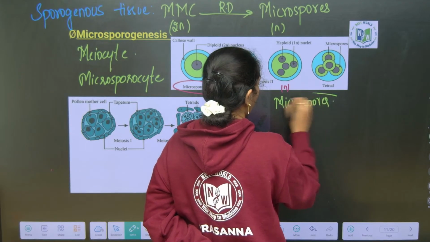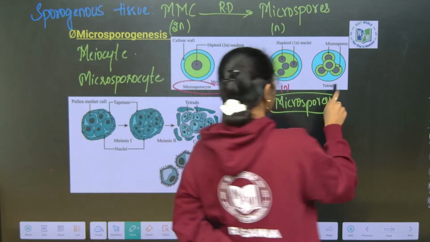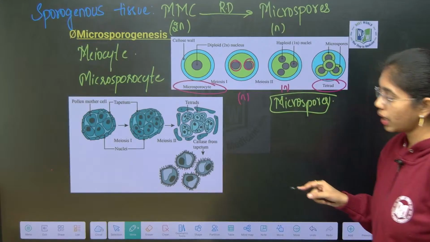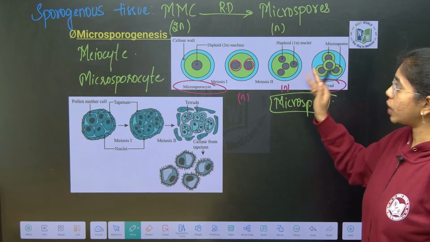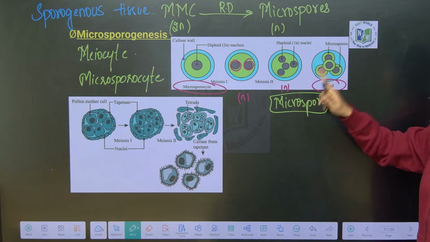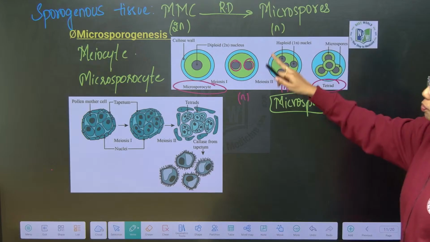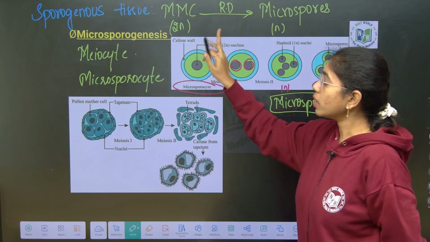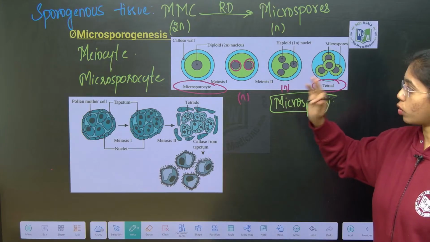These microspores will be in what condition? Tetrad condition. Fine, right? So, here in microsporogenesis, microspore mother cells undergo reductional division forming 4 haploid microspores. As it undergoes meiotic division, it is also addressed as meiocyte or microsporocyte.